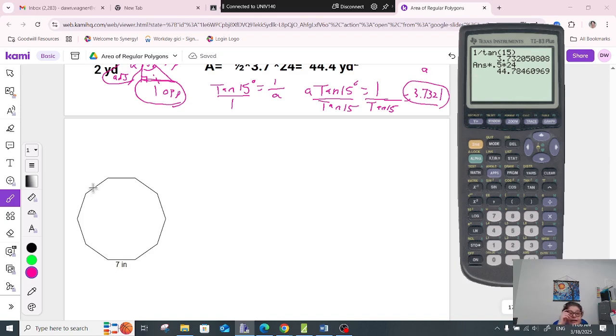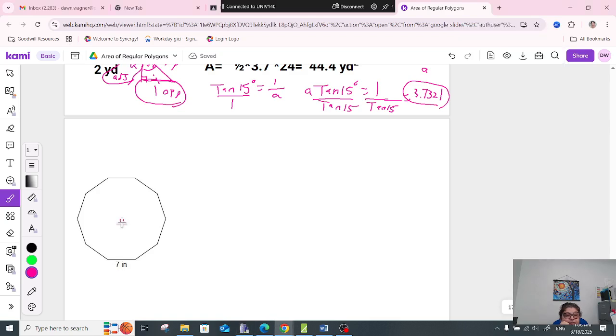How many sides is this? 1, 2, 3, 4, 5, 6, 7, 8, 9, 10. Everybody agree with that? So now I'm going to draw my triangle. And if I draw my apothem, it looks sort of like this. What is 360 divided by 10? Because that's going to give me that vertex angle. And that's 36.